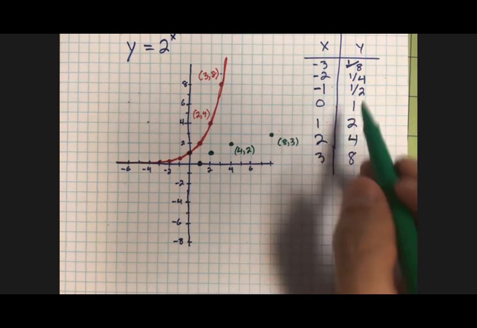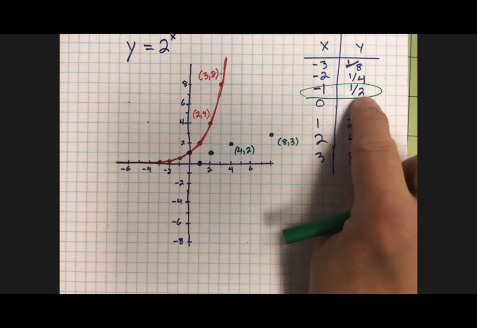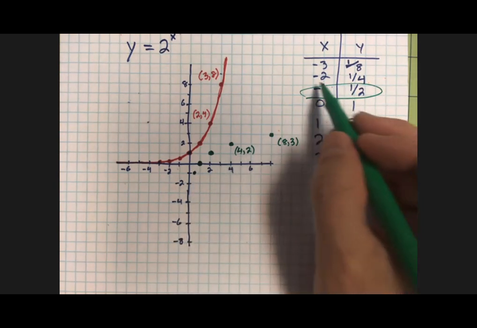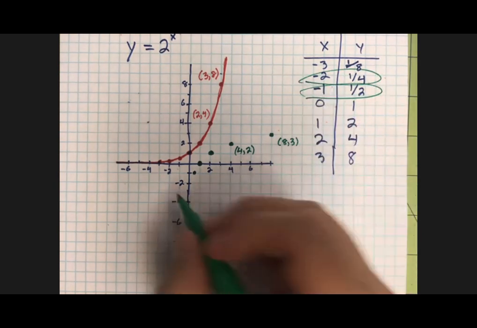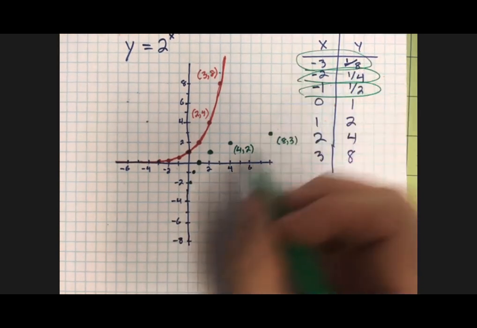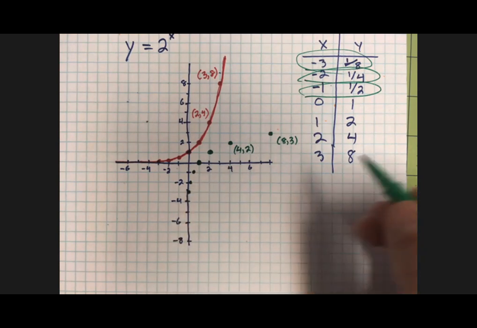Now, let's get sneaky. If I reversed -1 and 1/2, I'd be at 1/2 and -1. If I reverse this point, I'd be at 1/4 and -2. I'd be at 1/8 and -3, and that is so close to the y-axis, it's impossible to draw.